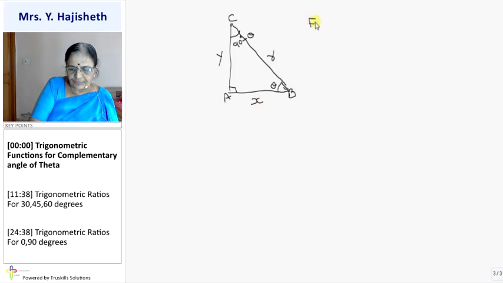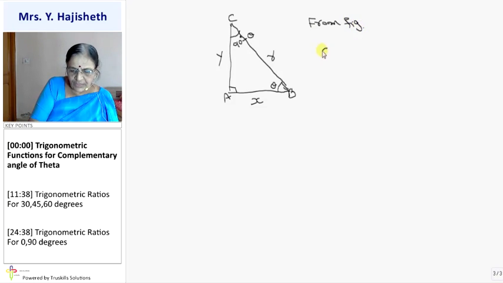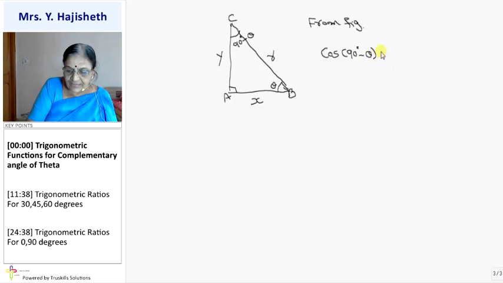Now from the figure, what can you say? What is cos of 90 minus theta? Cos of 90 minus theta is the adjacent side of 90 minus theta upon hypotenuse. So the adjacent side for 90 minus theta is y.